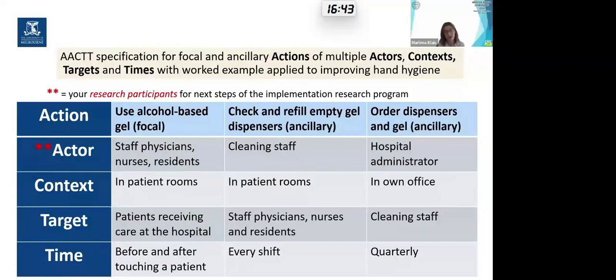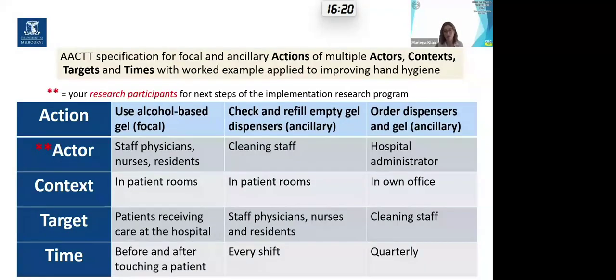But then we have some ancillary behaviours. So they may not be the focus of our implementation project, because we're very focused on the physicians and the nurses using the gel. But what about the people that are involved in making sure that the gel is filled? I mean, how many times have we gone to sanitize our hands and found that the gel dispenser is actually empty?